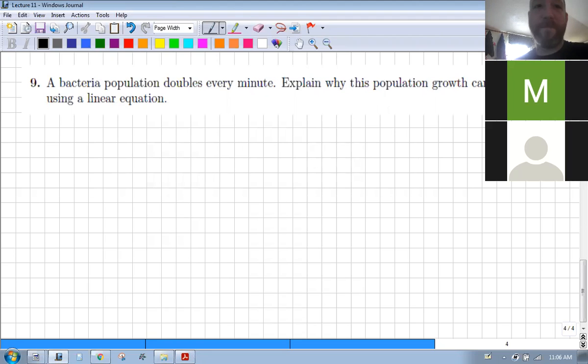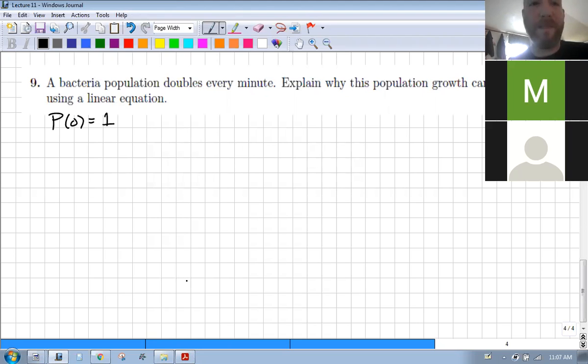All right, well, let's see. If it doubles every minute, let's say we'll use p for population, t is time. So population at time 0 should be 0, right? Well, we'll start off with 1. We have to have something to double, all right?